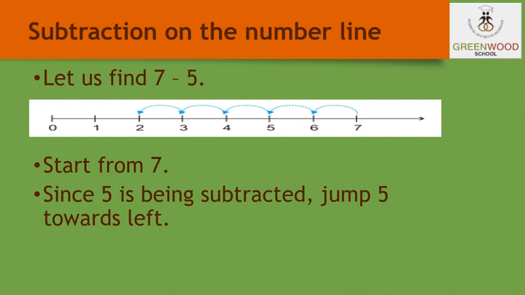Remember that whenever we are doing subtraction, we will be moving to the left hand side and when we are performing addition, we will move to the right hand side. Now, as we want to find 7 minus 5, we'll select the number 7, then we'll move 5 steps on the left hand side. On solving this, we'll get 7 minus 5 is equal to 2.